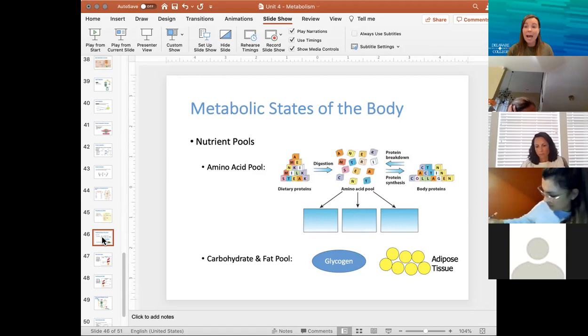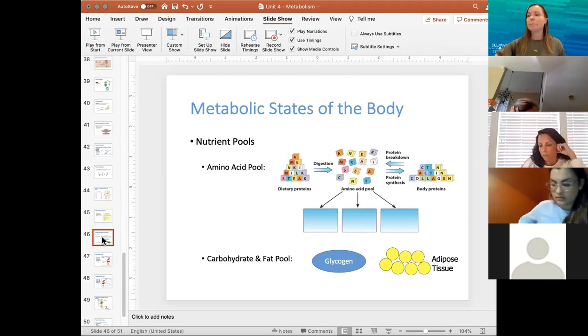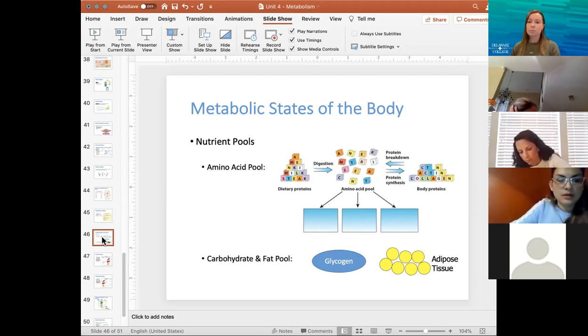There's the amino acid pool, which is just all of the free amino acids floating around in the body. And most of these amino acids are used to make new proteins. We just talked about that a minute ago.